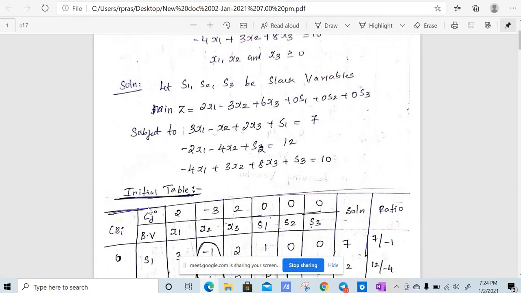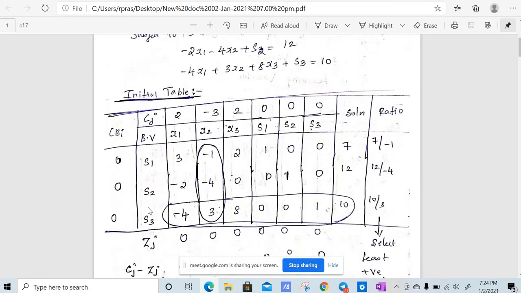Now we need to form the initial simplex table. The basic variables are s1, s2, s3. These are the slack variables we have added, and x1, x2, x3, s1, s2, s3 are our variables. And what are the coefficients in the objective function?